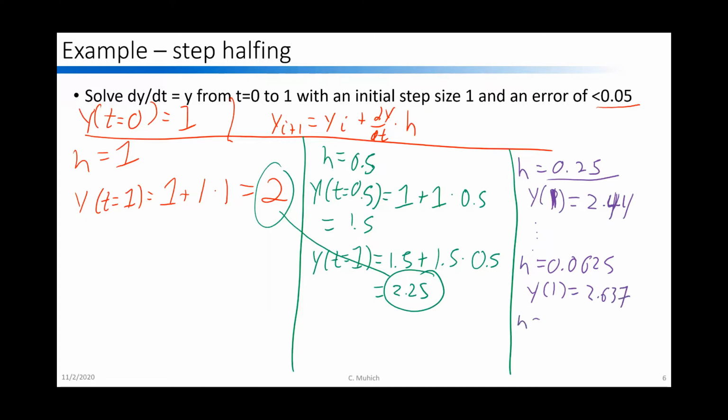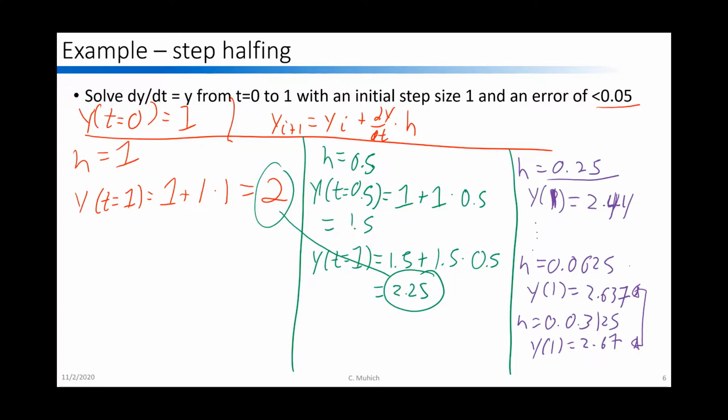And if I go one step further to h equals 0.03125, I find y1 is equal to 2.67, and we're finally below that cutoff criteria. So in the end, I needed to cut this in half quite a few times in order to get below that error. But I'm going to refine my answers as we go.